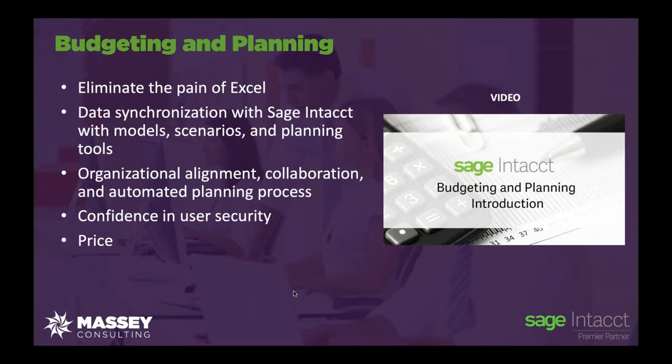It helps you eliminate the pain of Excel. It helps you immediately synchronize data with Sage Intacct to different models and scenarios. And it works within your organization to align with your dimensions, your departments, your divisions, whatever those different dimensions are, really helps you align your organization with your budget. And then there's different levels of security that are involved, and et cetera.